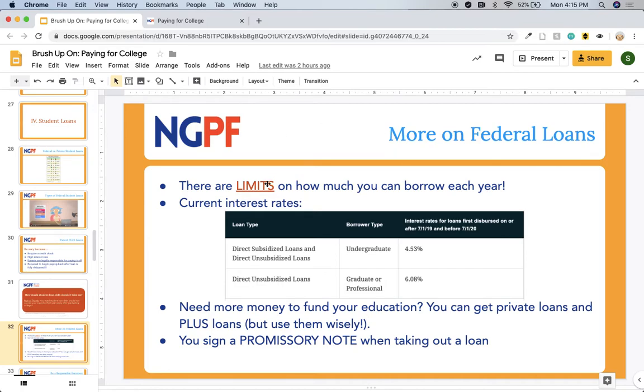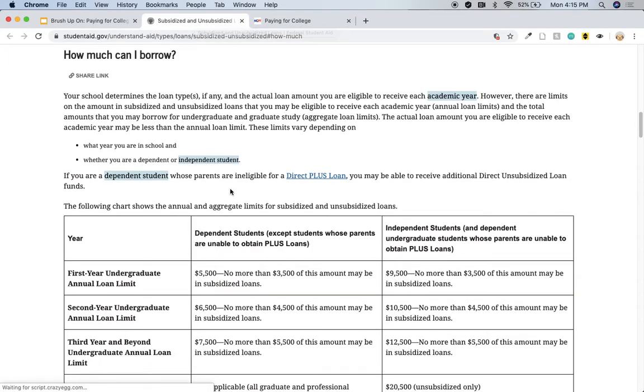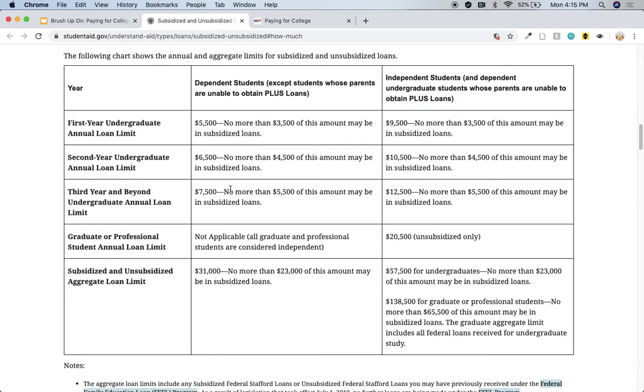So another thing to keep in mind is that there are actual limits on how much you can borrow each year in federal student loans, and those are dependent on the year of school that you are in. Again, this article here that I'm showing you guys right now is in our lesson, and it does a really good job of breaking down how much you can borrow based on your dependency status and the year of school that you are in.